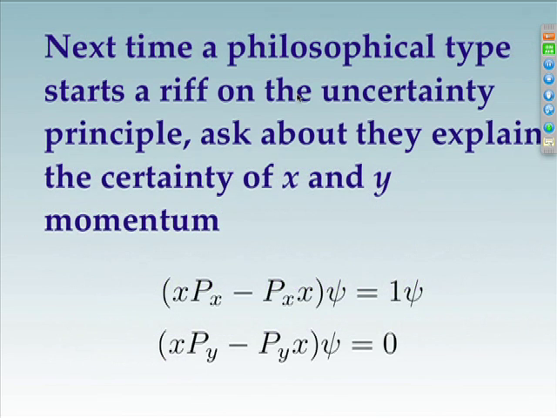So the next time you get into a philosophical argument about the uncertainty principle, which is easy to do, people feel passionate about why it is that way, just ask them about the certainty principle: why, if I have that position in x and I come in at y. Now, they might say orthogonality, which actually turns out to be the right answer.